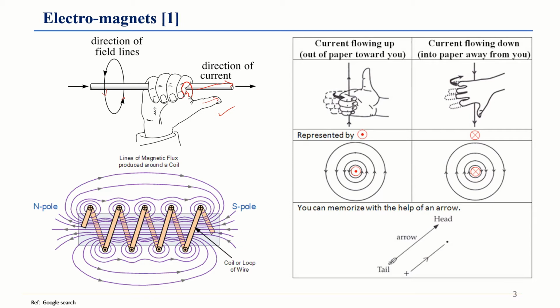From this we are going to use a convention for the current directions. Suppose the current is passing from the paper towards you, then it will be taken as a dot, and if it is going away from us, into the plane, then it will be represented as a cross.